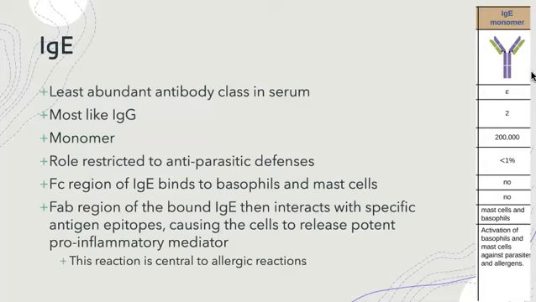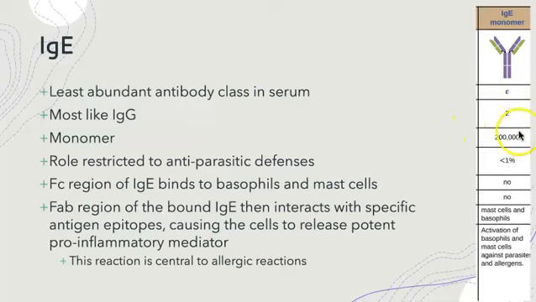Next, we have IgE. This is the least abundant antibody class in the serum, and it's most like IgG. We see it in its monomer form, similar to IgG, and it has a role in anti-parasitic defenses. The Fc region over here is going to bind to cells like basophils and mast cells.